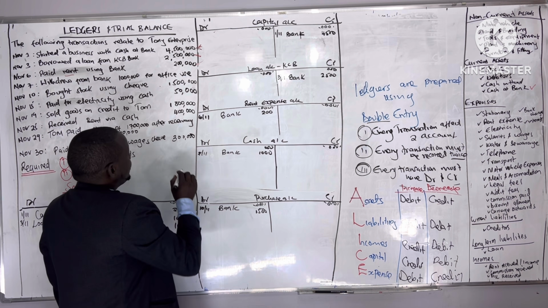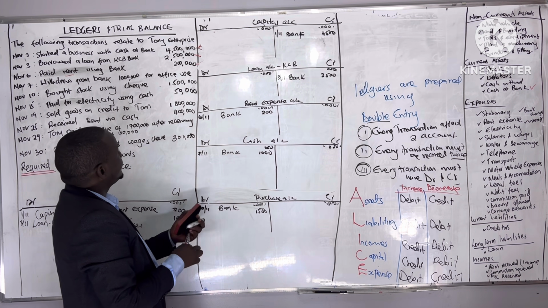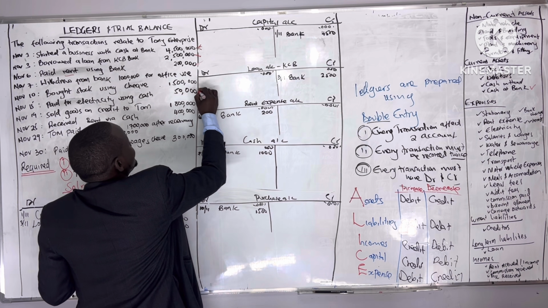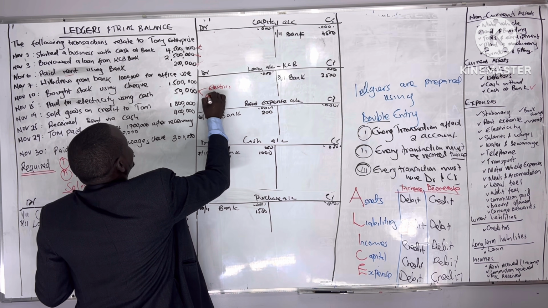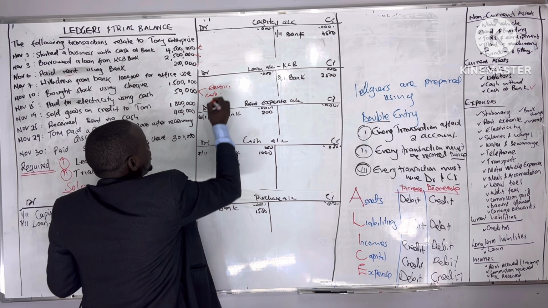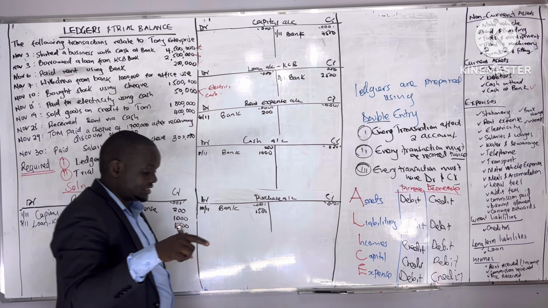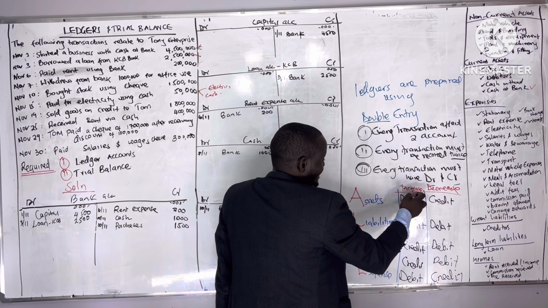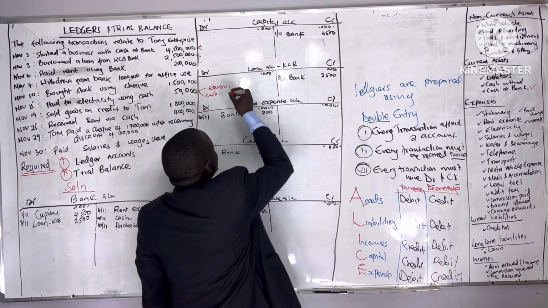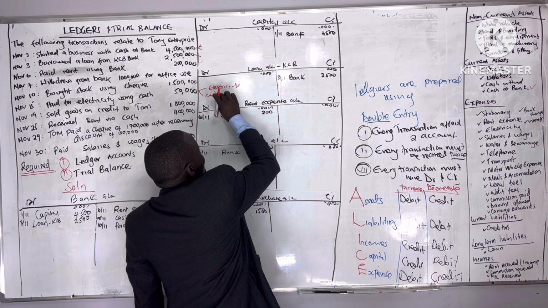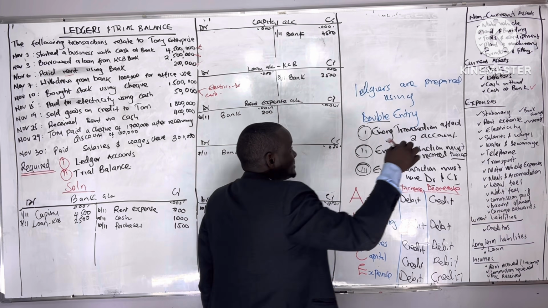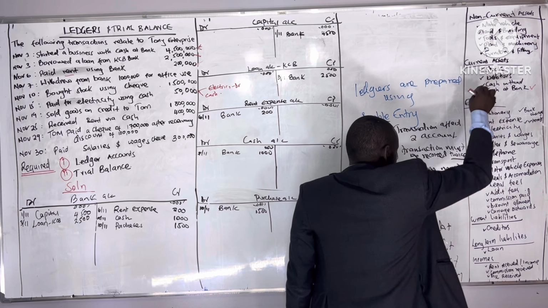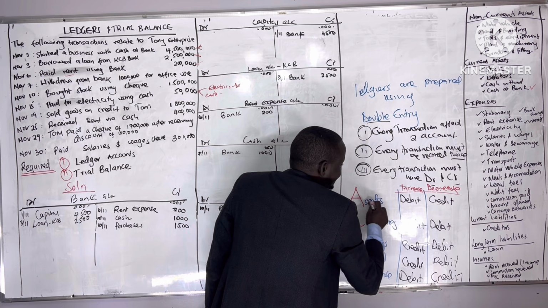The two accounts being affected are electricity and cash. Since the expense is increasing, we debit it. The cash we have is decreasing. When you pay, money reduces. Cash is an asset, so a decrease in an asset is a credit.